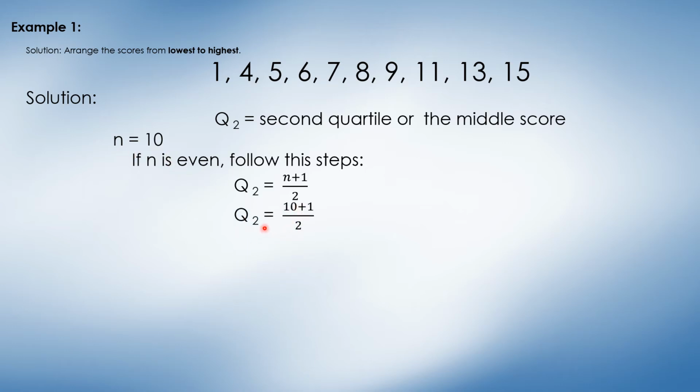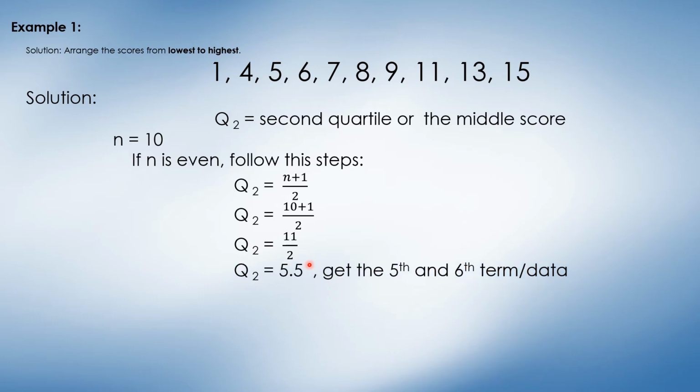By substitution, we have 10 plus 1 over 2, and this is 11 over 2. Divide it. 11 divided by 2 is 5.5. This time, we need to get the 5th and 6th term or data. If we look for the 5th and 6th data, these are 1st, 2nd, 3rd, 4th, 5th, and 6th.